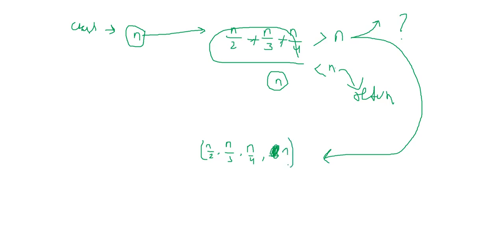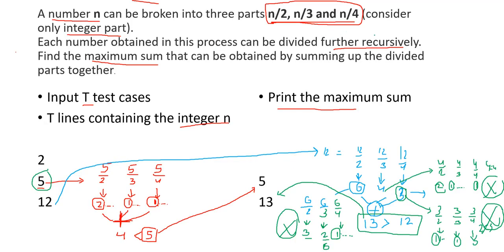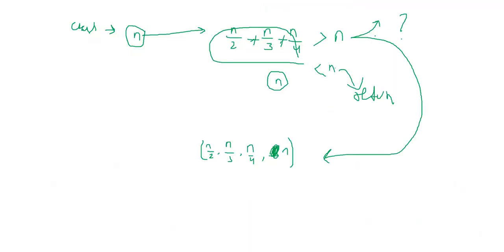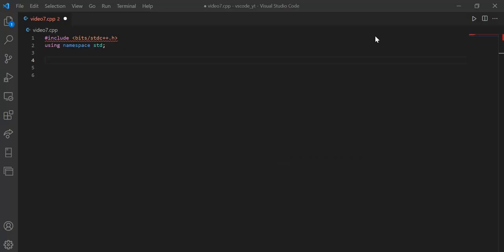Why are we doing this? Because we have to do it recursively. The best way of doing this is recursive, and it will be very effective. I guess it will be overloaded if I tell everything now. Let's code first, then I will tell what to do.